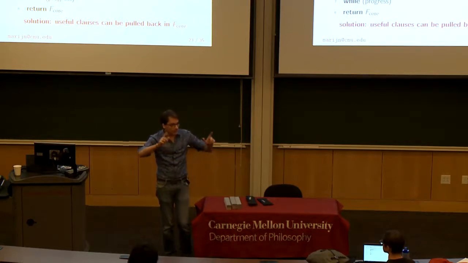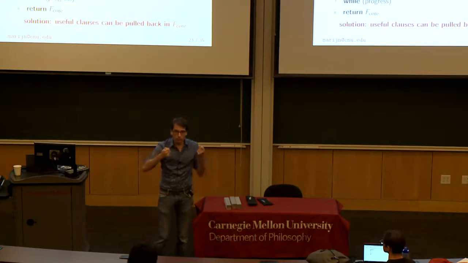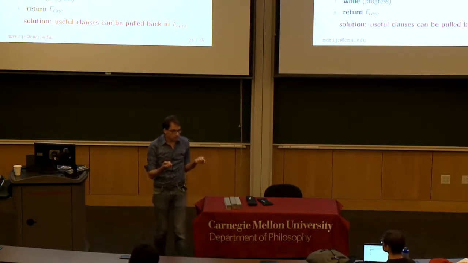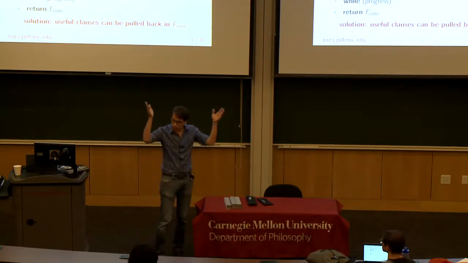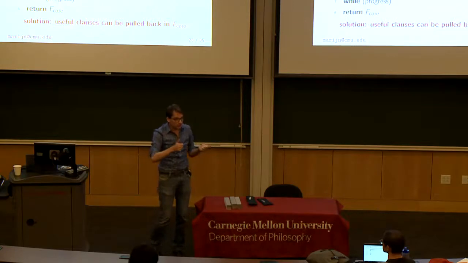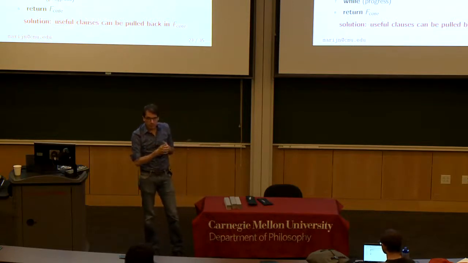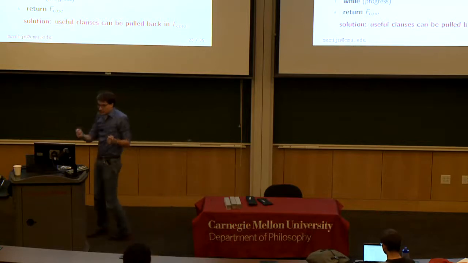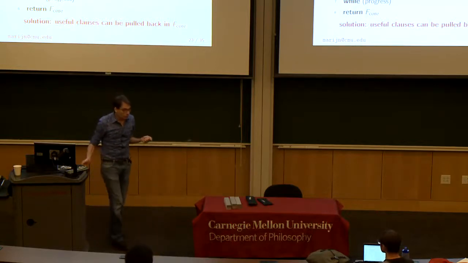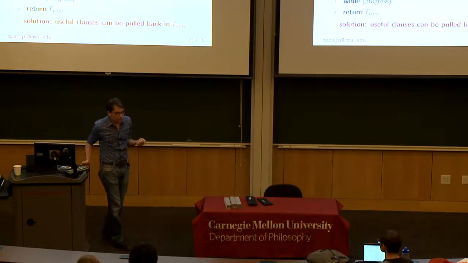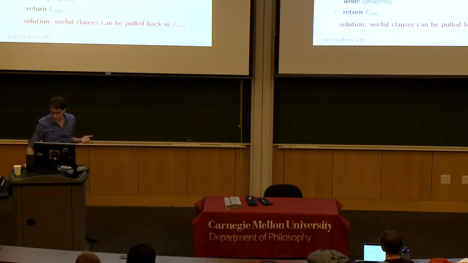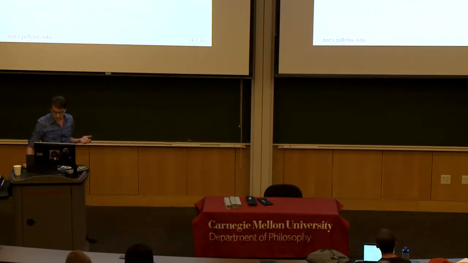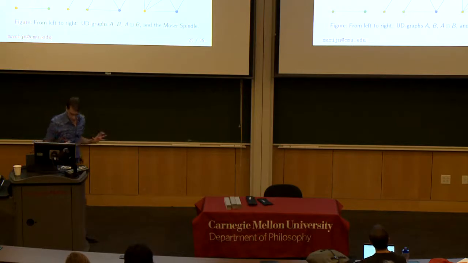Every iteration, you can pull clauses back in from the original formula. The proof goes down and the formula goes down, but it's not a subset like the existing methods. And this made all the difference for actually getting small chromatic number of the plane, or small unit distance graphs. Okay, I don't have too much time.